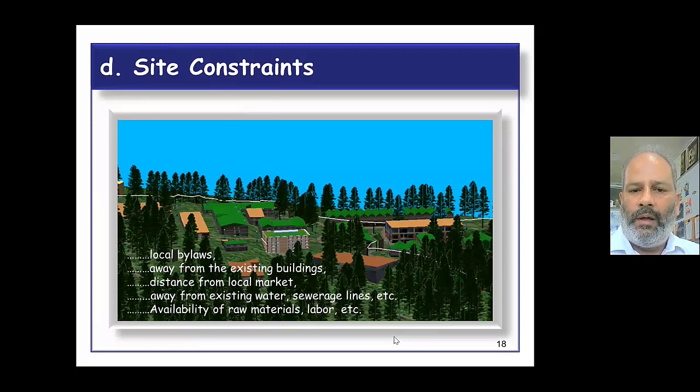Distance from nearby buildings or nearby facilities, distance from local market, or location or layout of existing water supply or sewage lines, availability of local raw material or labor. These are all site constraints which vary from one place to another place. So just to keep these constraints in mind, we need to have the knowledge of surroundings.